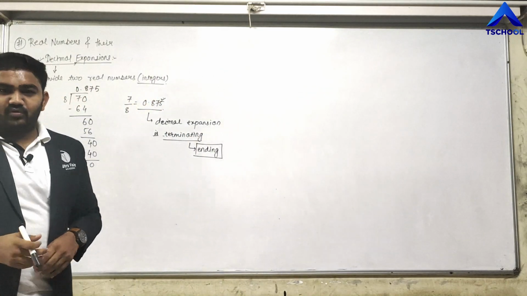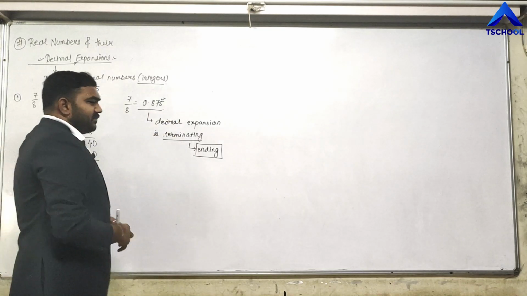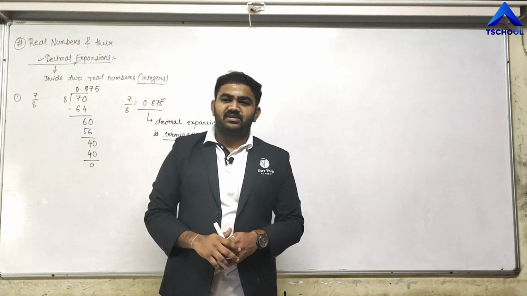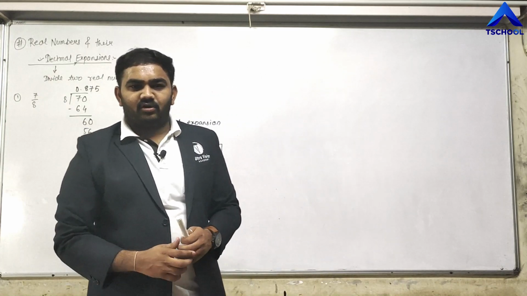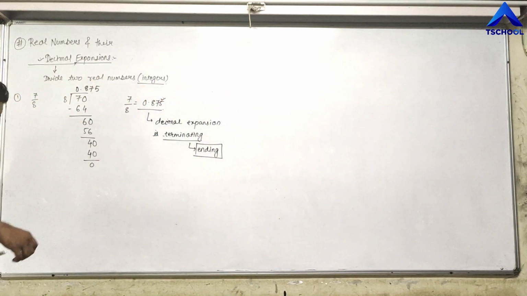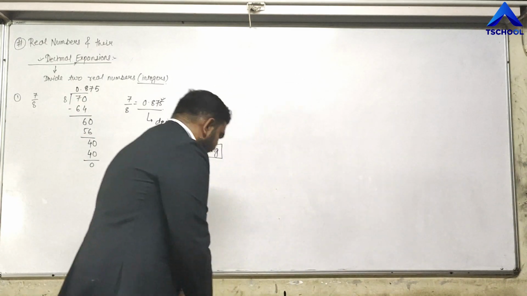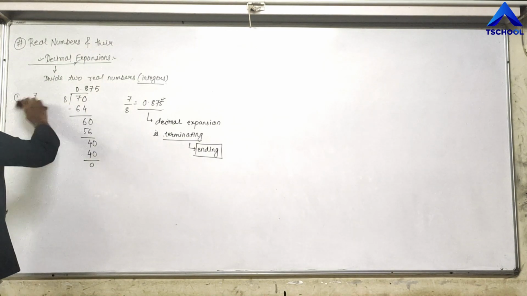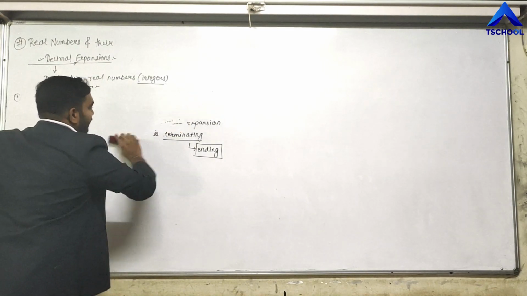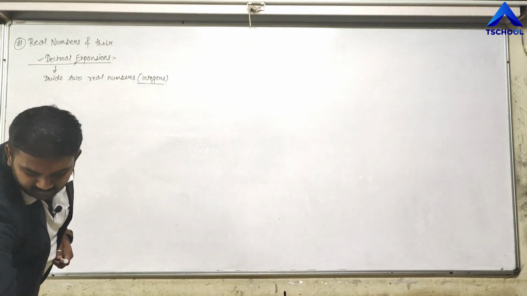Now there may be some more examples like this, which come to a conclusion whether the decimal expansion of the numbers that we get is a terminating one, whether it is a non-terminating one or whatever, right? Let us discuss some of the examples here, and then we shall come to a conclusion that when we divide two real numbers, at that time what is the decimal expansion of those real numbers, right?